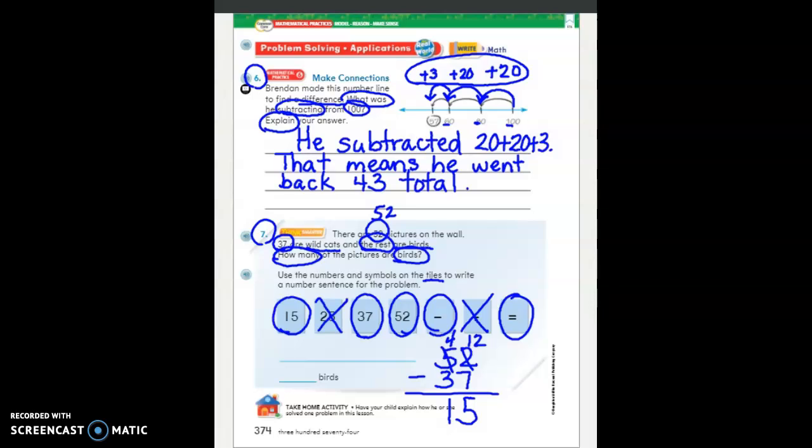So I know that I made the right choice. So what's the number model? Start with the bigger number, 52 minus 37 equals 15. So my answer is 15 of the pictures were birds.